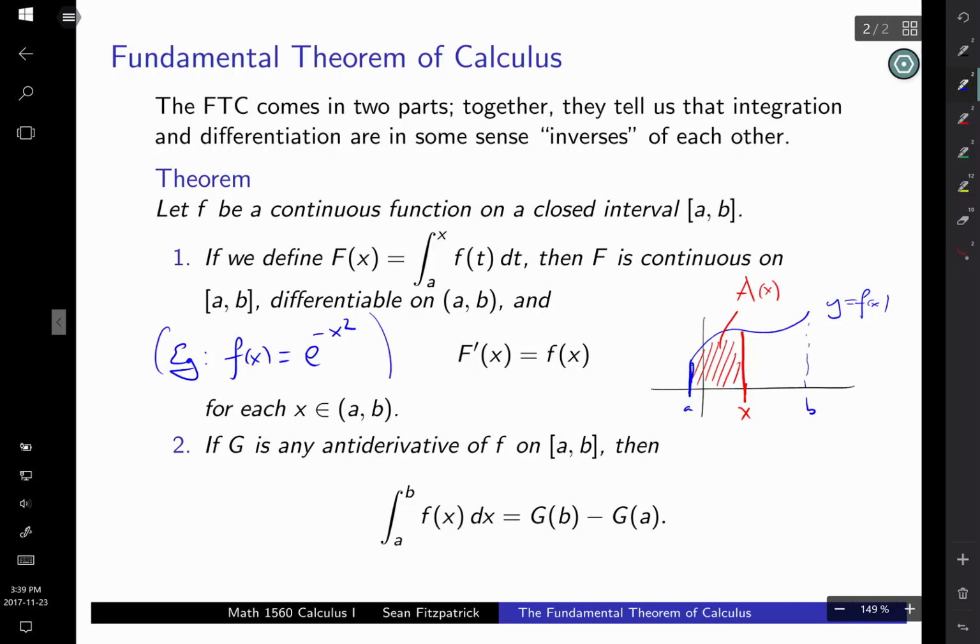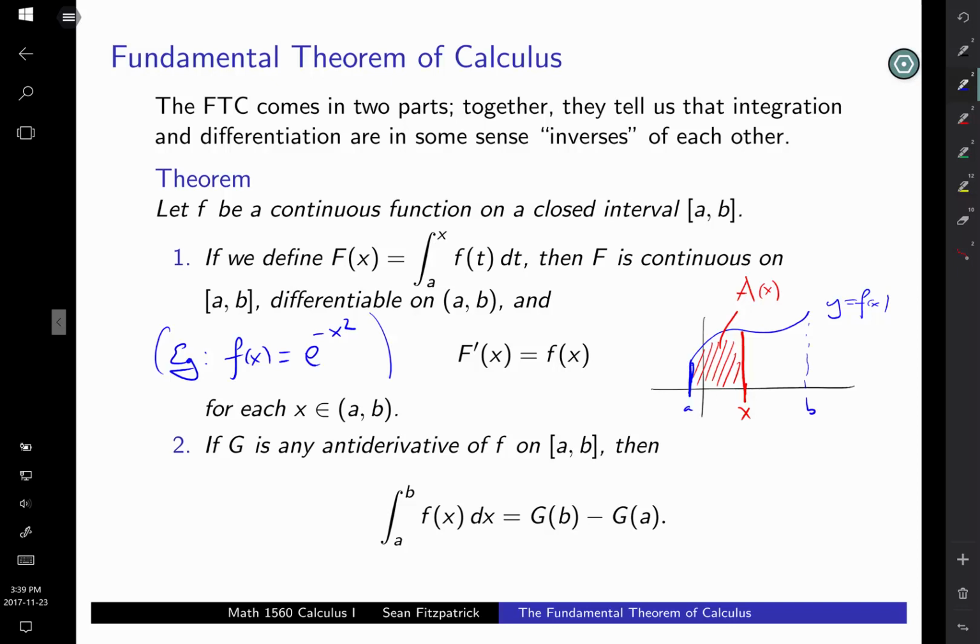This is your bell curve. There is no antiderivative for this function in terms of elementary functions. So there's no way to write down an antiderivative using polynomials, rationals, sine, cos, tan, exponentials, logarithms, all the functions that you know. But you can nonetheless create an antiderivative by integrating.